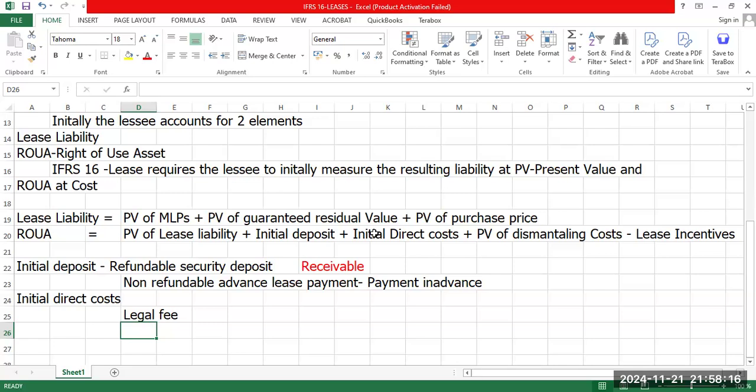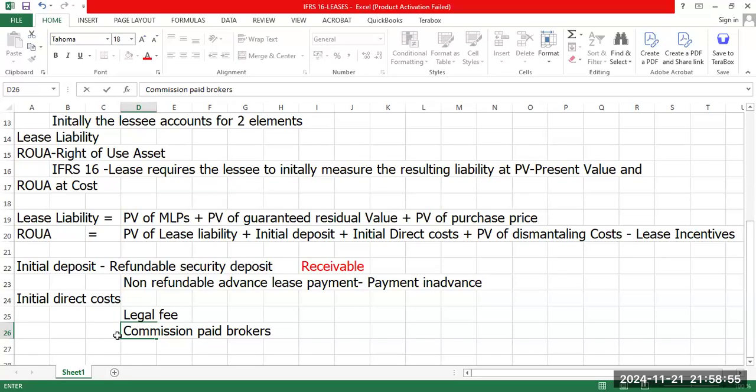Any initial cost you incur, as long as it is directly attributable to the lease, then you will include. Like now, talk about the commission you are going to pay to brokers. Commission paid to brokers. Remember, these are the ones that are going to help you to secure the lease.